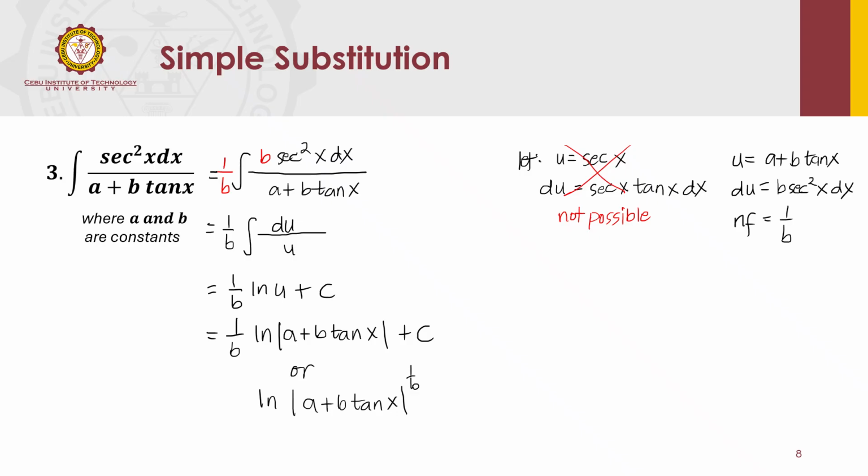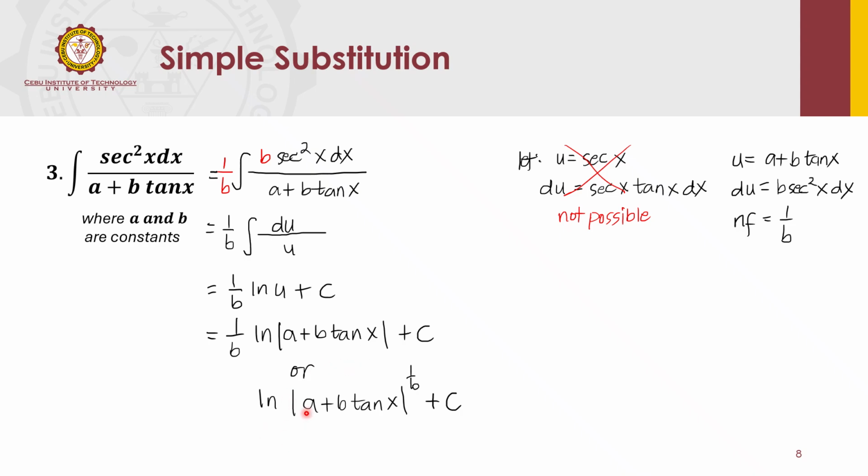Except of course if it's a multiple choice type of exam and 1 over b times ln of u plus c is not among the choices, but the present one is, so you need to be knowledgeable of the properties of logarithm, to see right away that it is equivalent to my answer with 1 over b multiplied to ln of u.